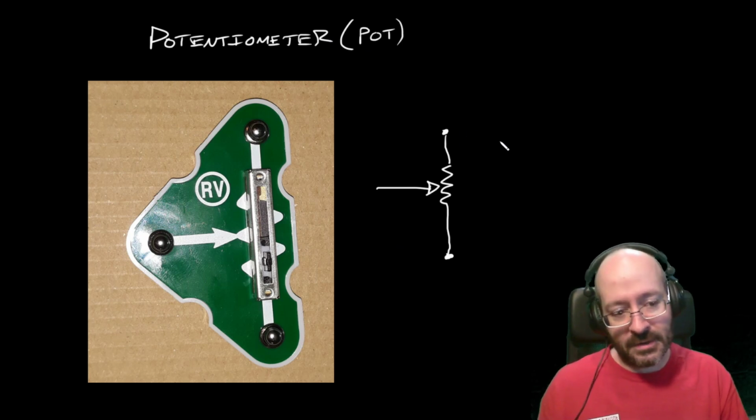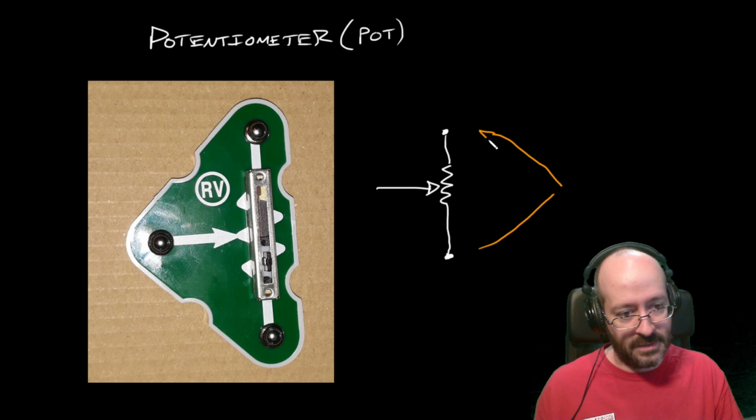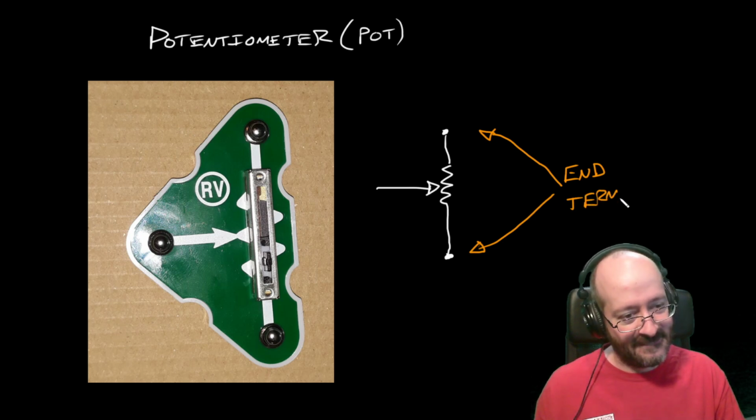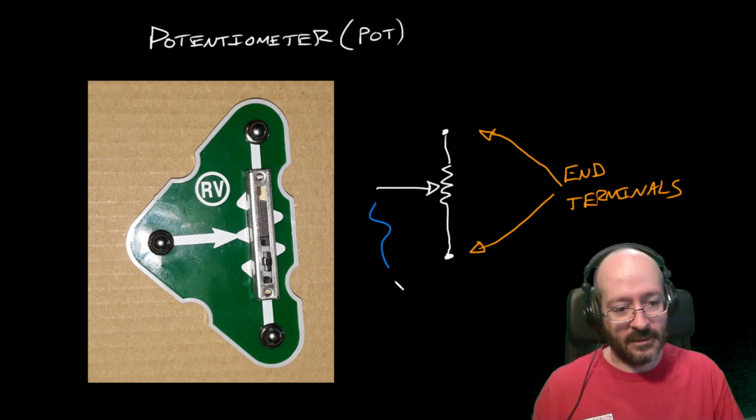So it's got three terminals. These two on the ends, we can call the end terminals. And this one over here is called the wiper.